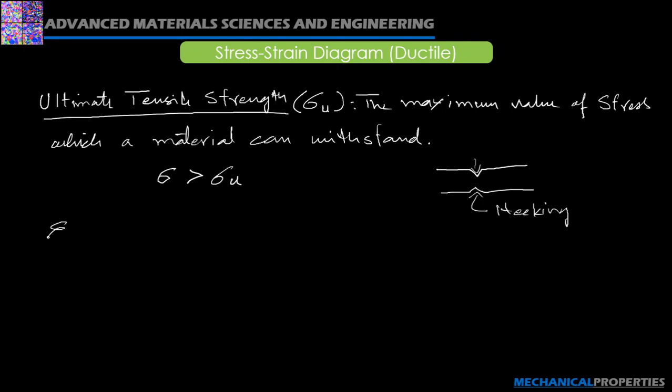Now engineering stress, let's say this is denoted by sigma E. This is the calculation of stress using the initial cross section of the specimen, that is P upon A. So for engineering stress, this is calculated using the initial cross sectional area of the specimen.